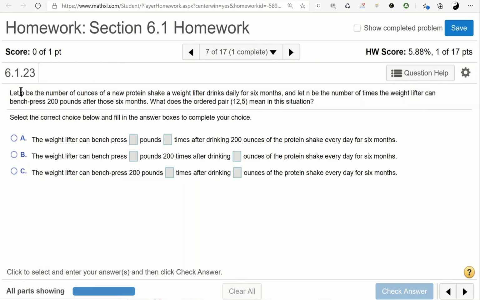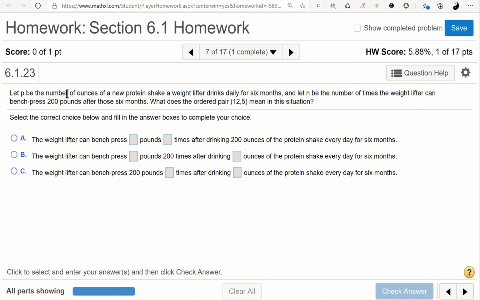All right, so here we have P, which represents the number of ounces of a new protein shake a weightlifter drinks daily for 6 months, and N is the number of times the weightlifter can bench press 200 pounds after those 6 months. So what does the ordered pair 12, 5 mean in this situation?